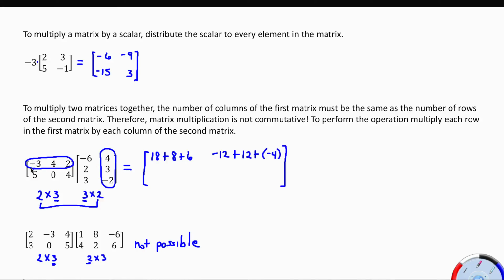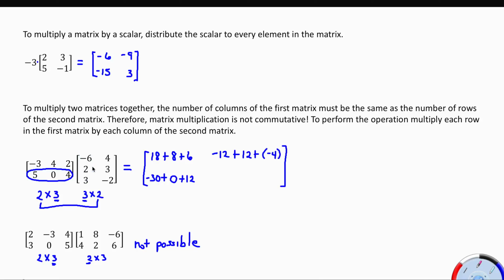Okay, once I've multiplied this row by every column, so if there was another column, I would just continue. So first row by every column, then I move to the second row. And I'm going to multiply the second row by every column. So first, I've got second row times the first column. And it's going to go in the position of the second row, first column. 5 times negative 6, negative 30, plus 0 times 2 is 0, plus 4 times 3 is 12.